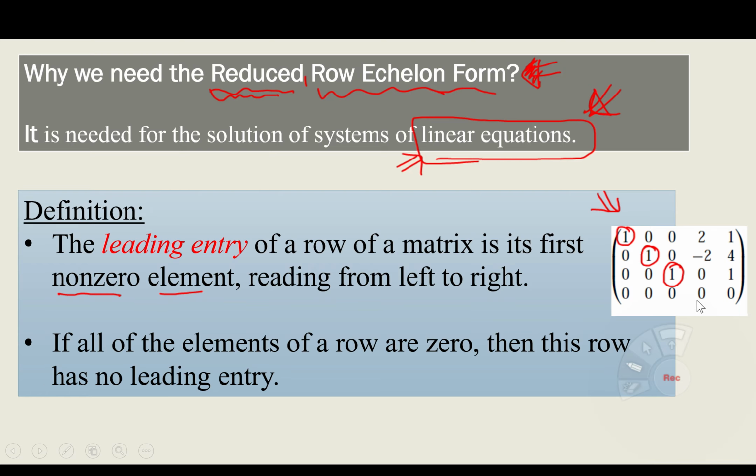And we do not have any leading entry for the last row because it is a zero row. If all the elements of a row are 0, then this row has no leading entry. So this means that we have leading entries here, and we do not have any leading entry for the last zero row in this matrix.